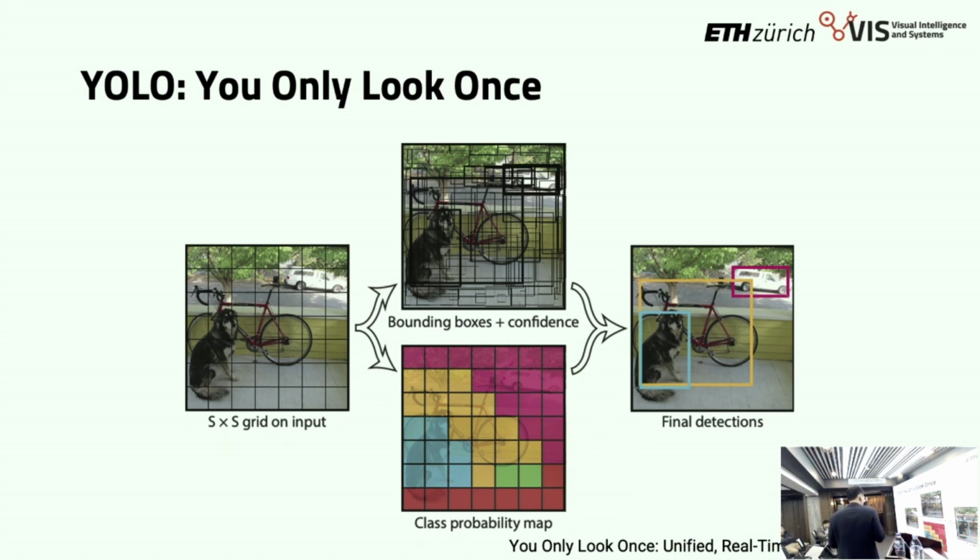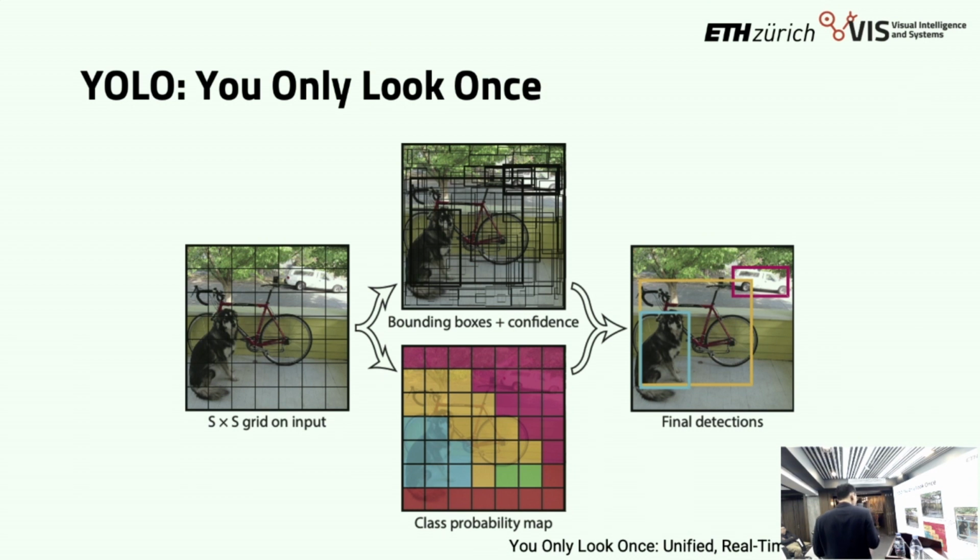And then instead of predicting the object location and then pulling the feature, we will directly predict, for each location, what is the classification, as well as what is the location of the bounding box.